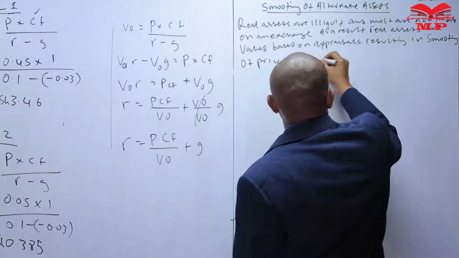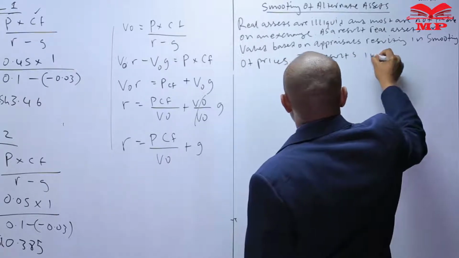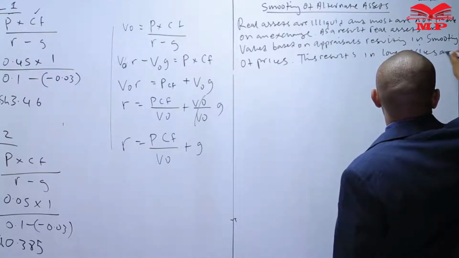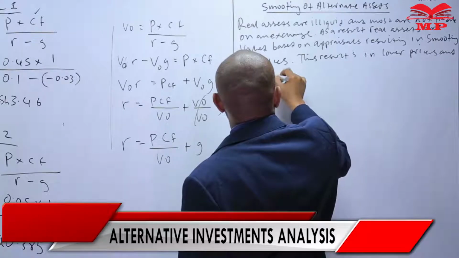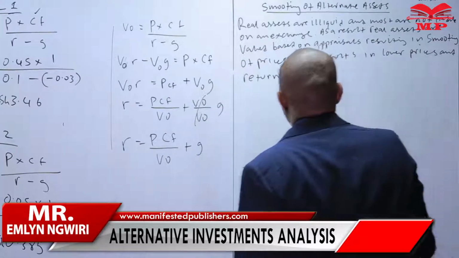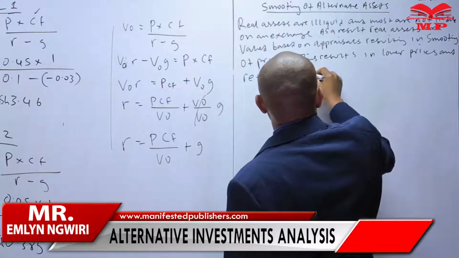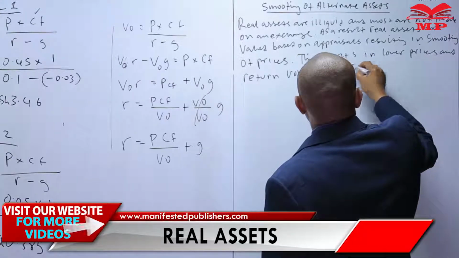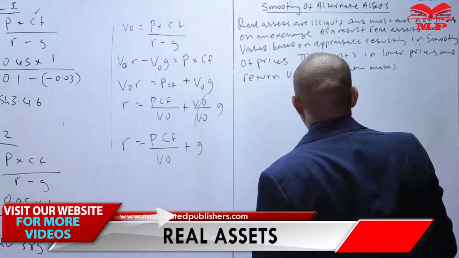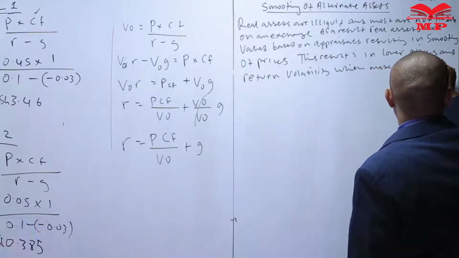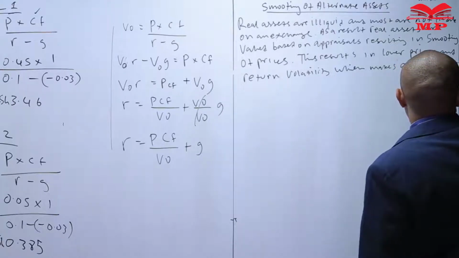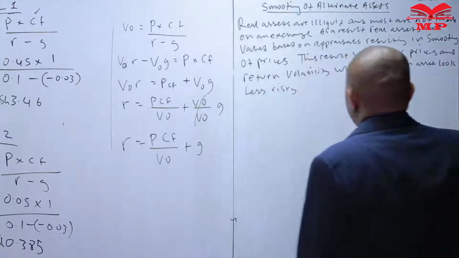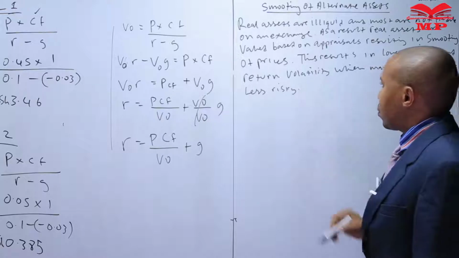This results in lower price and return volatility, which makes an asset look less risky than it might actually be. And that is what we are calling smoothing.